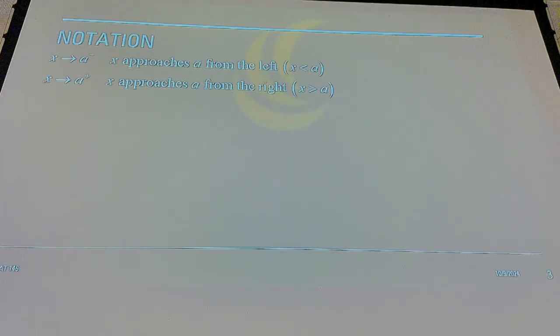They don't say that x is a. So for that conversation, x will never be a. We've already kind of seen this. This means x is increasing without bound. X is decreasing without bound.